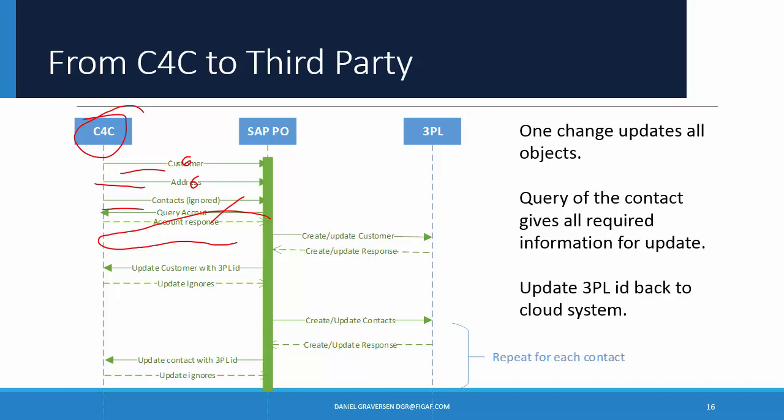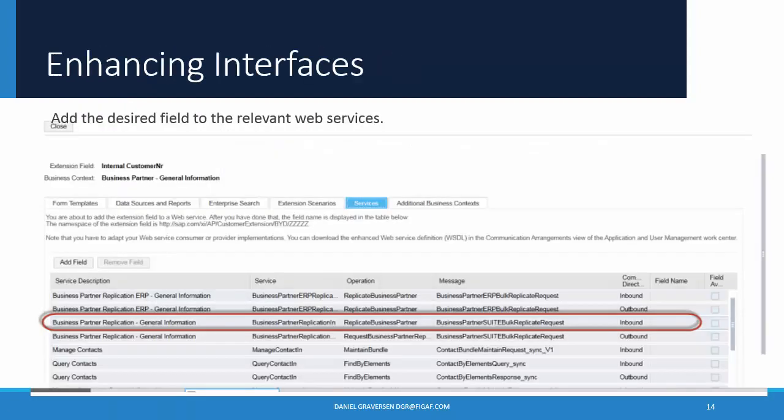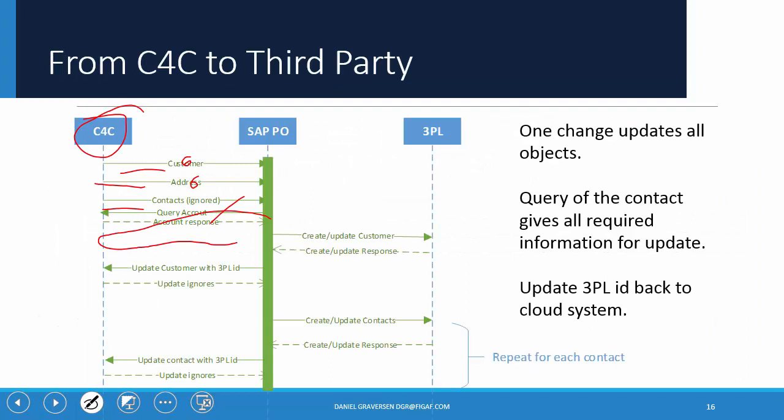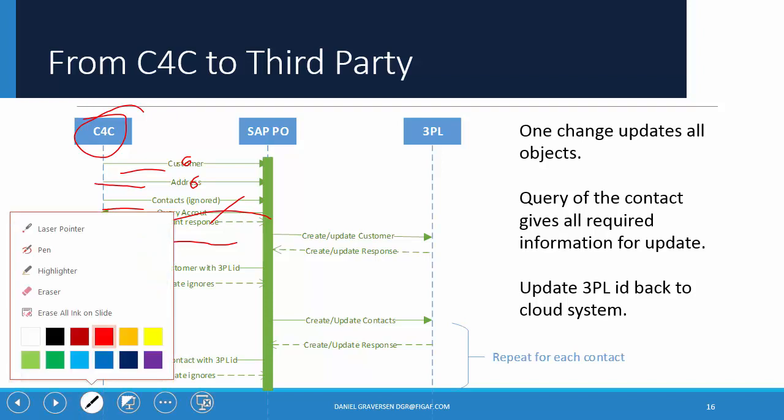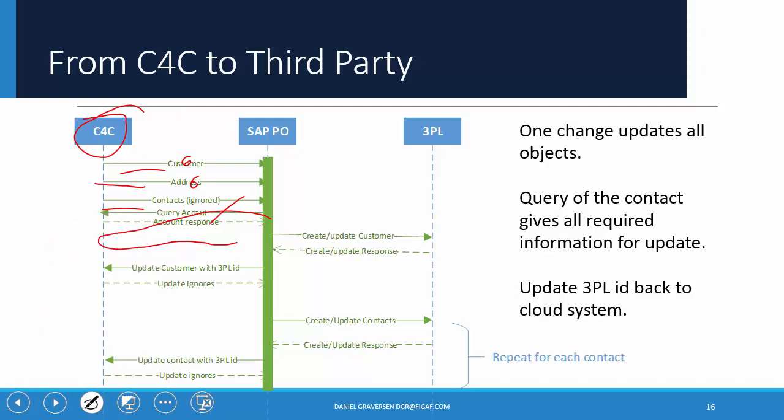When we got all the information, if the process was relevant, we would trigger this update that would create a new customer or update the customer.